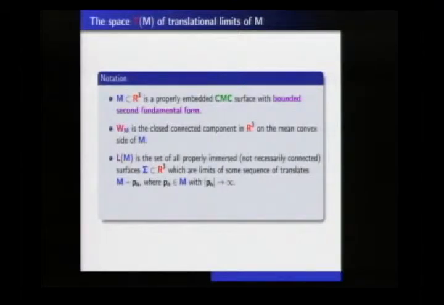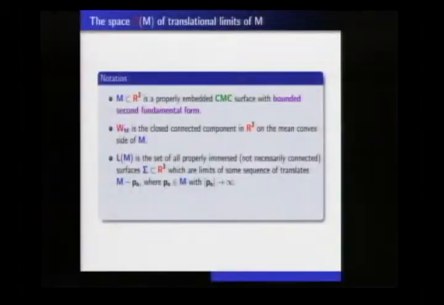So we'll see that in a minute, but for the moment, we're just going to take the set of all properly immersed, not necessarily connected surfaces in R3, which are limits of some sequence of translations of the surface, where the points go to infinity. So that means we're taking a divergent sequence of points. The points are going to infinity.